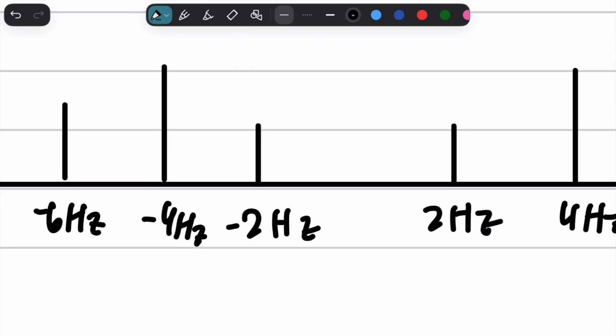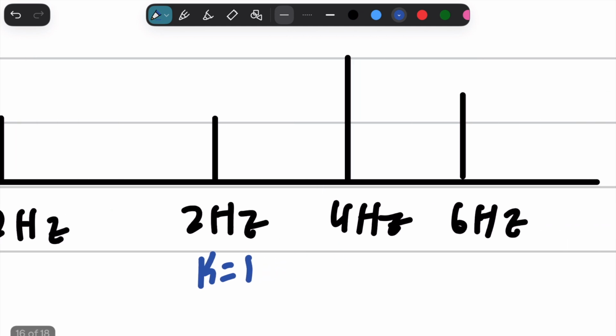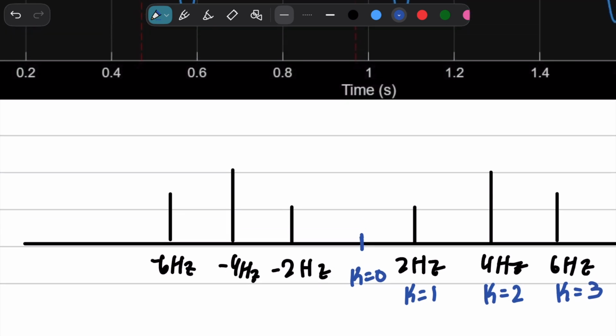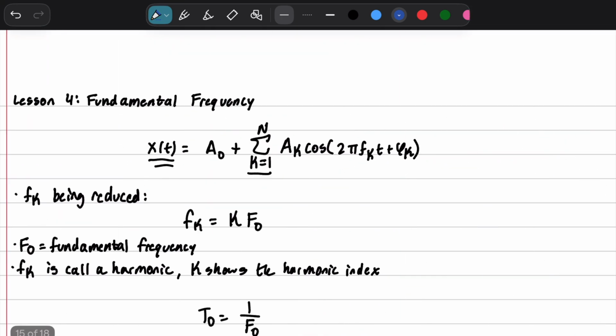And we can clearly see that this is the first harmonic right here, so k is equal to 1. This is the second harmonic right here, k is equal to 2. And then the third one, k is equal to 3. In this case, we have no k equals 0, because k equals 0 would just be the constant term right here.